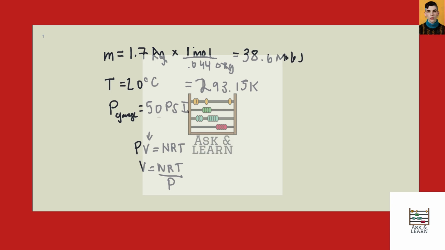Then, P gauge. First, let's convert this to pascals. My friend on Google told me that it's 6895 pascals per psi. And let's see what you get with that: 3.45 times 10 to the 5th pascals.